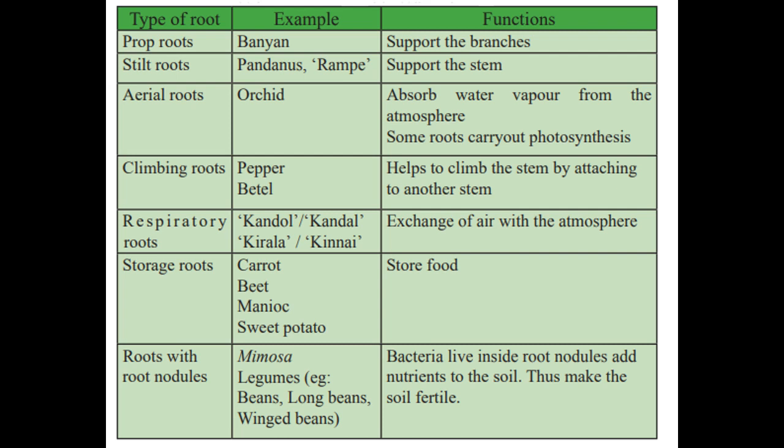So we discussed different types of special roots with special functions: prop roots, stilt roots, aerial roots, climbing roots, and we further discussed respiratory roots, storage roots, roots with root nodules. Okay, children? But remember, now they have special functions, but if you are asked to write down the main functions of roots, you can't write these functions.